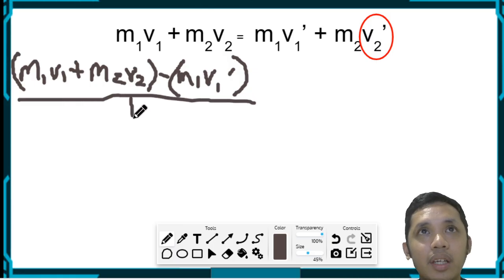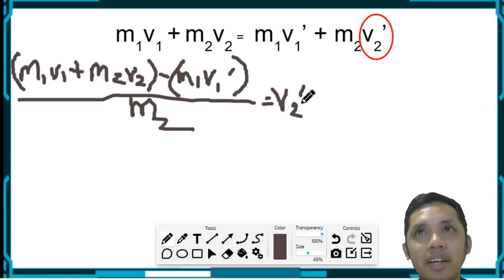So m2 is equal to v2 change, or the velocity of the second car after the collision. So we have successfully isolated the variable that we are looking for.